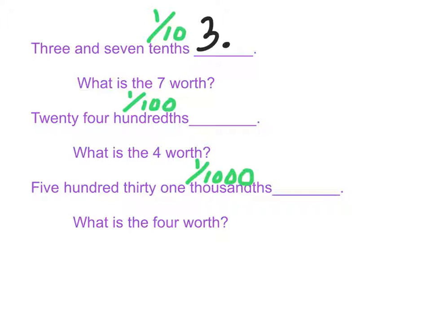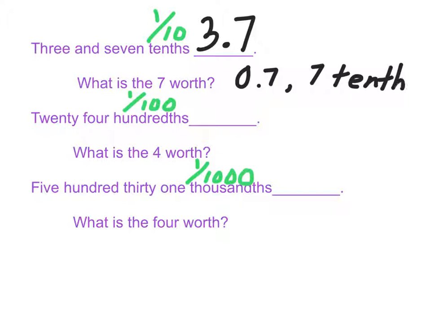This will help me with my place value. Since there is 1 zero, I know it's one digit to the right of the decimal, so 7/10 would be 3.7. So my 7 in this case is worth 0.7, or you could say 7/10.